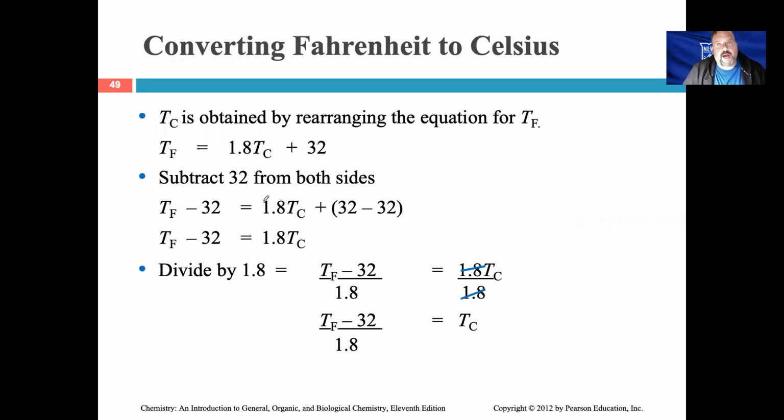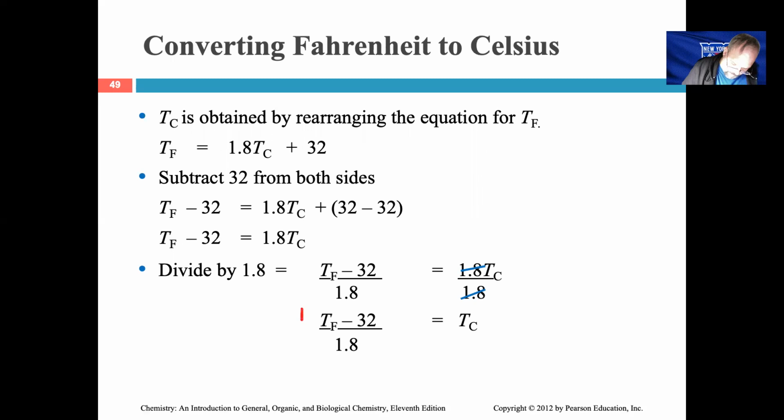Probably the more complex one in terms of remembering correctly what to do is the conversion from Fahrenheit into Celsius. Now, you don't have to worry about all the algebra that's here. What they're showing you is how you could take the Celsius to Fahrenheit equation and make that into a conversion from Fahrenheit to Celsius.